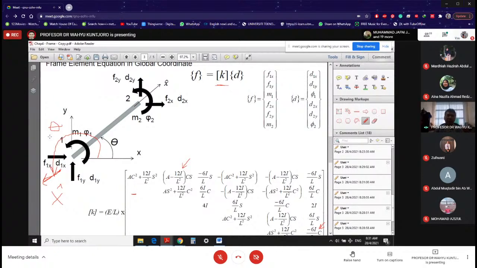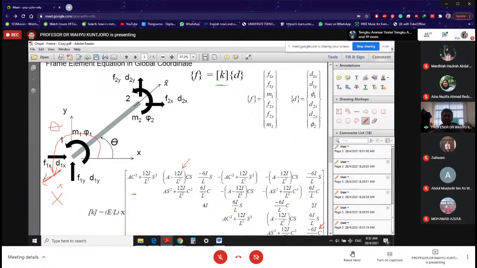That's number 1. Number 2, and this is important, you cannot write it in that way. No, you cannot write it in that way. You have to write it instead f2x, f2y, m2, f1x, f1y, m1, and the same d2x, d2y, rotation 2, d1x, d1y, rotation 1.